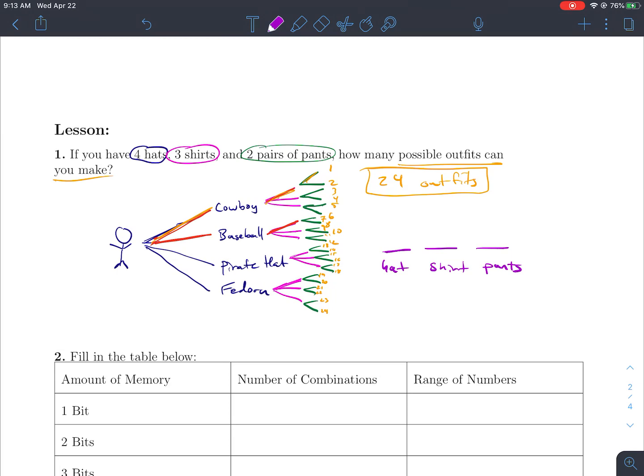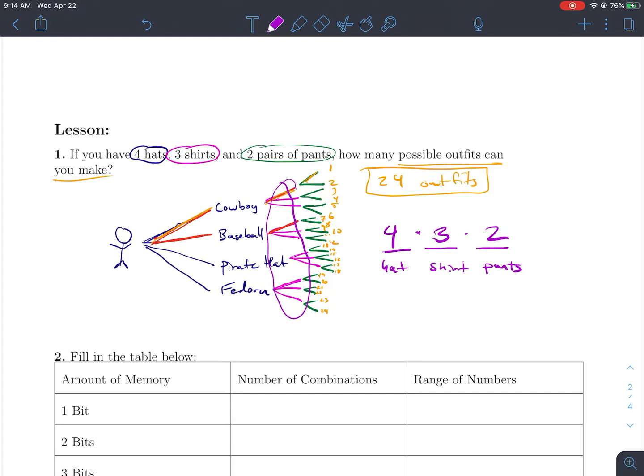And you've got how many choices for your hat? You've got 4 choices for your hat, 3 choices for your shirt, 2 choices for your pants. And you can see that the number of possibilities is 4 choices for the hat times 3 choices for the shirt, which gives you the 12 choices up till here.